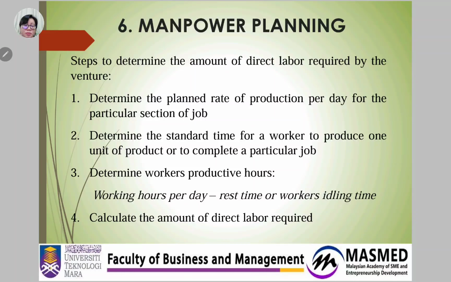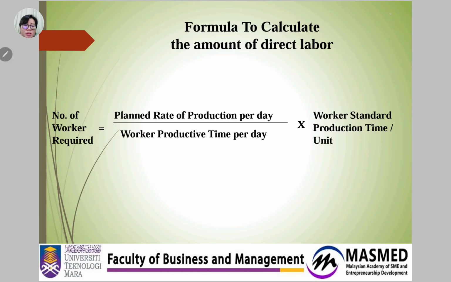Next would be your manpower planning, the same thing. How many workers are required? Planned production per day, workers' productive time per day. Remember, workers can have breaks in between. The same style of calculation, 8 hours of working, and they may have a break in between, at least 1 hour.